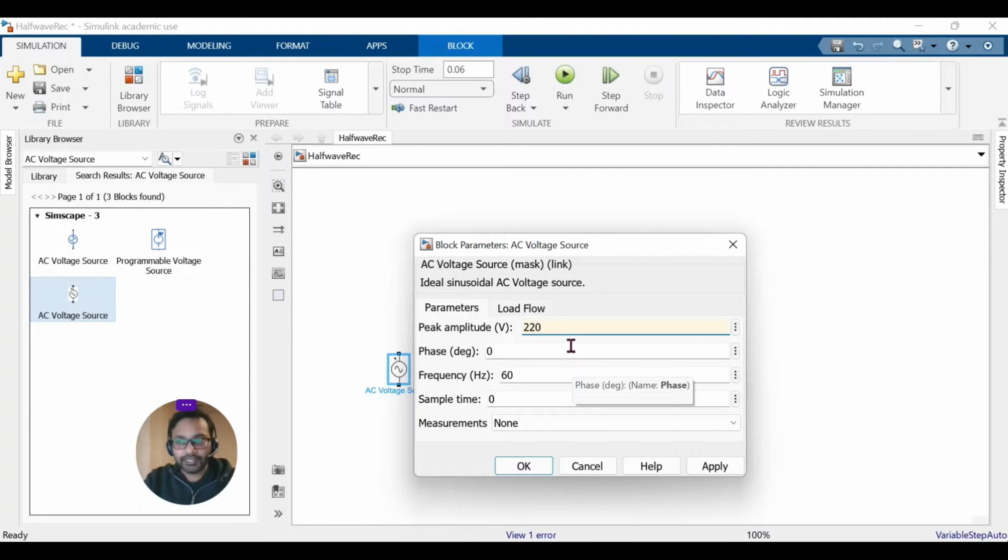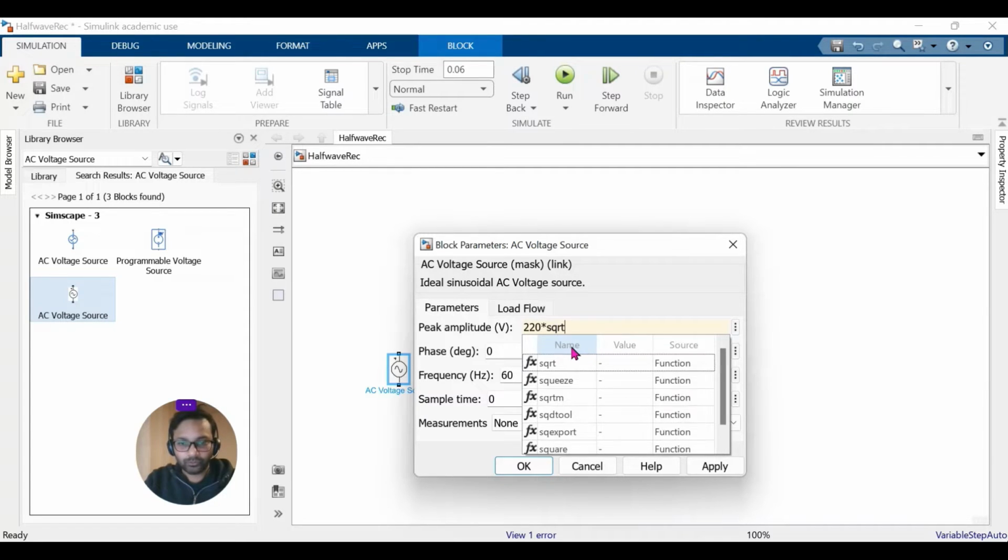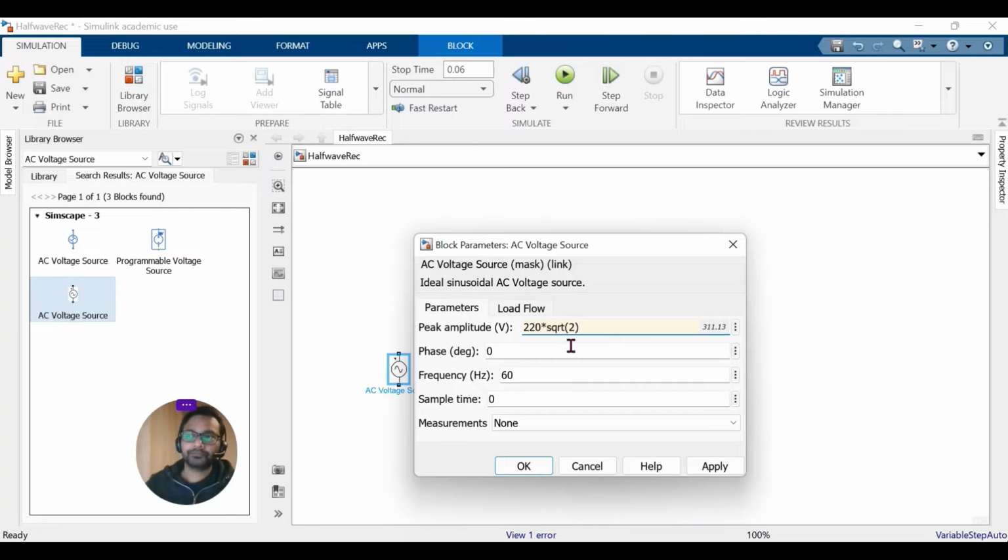Since we have to enter the peak voltage here, we have to multiply it with square root of 2. So 220 multiplied by square root of 2. The supply frequency is 50 hertz.